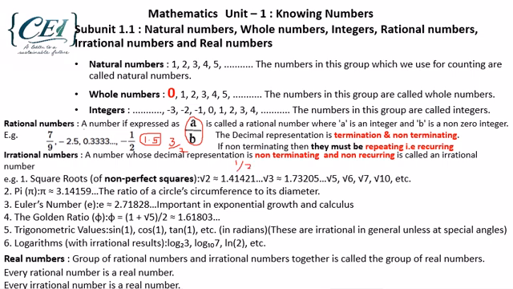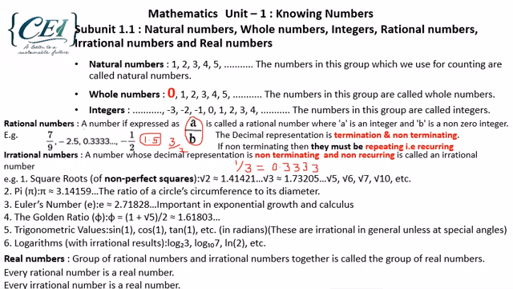What does it give you? 1 divided by 3 gives you 0.3, then 3, then 3, then 3. So it is repetitive, or recurring.